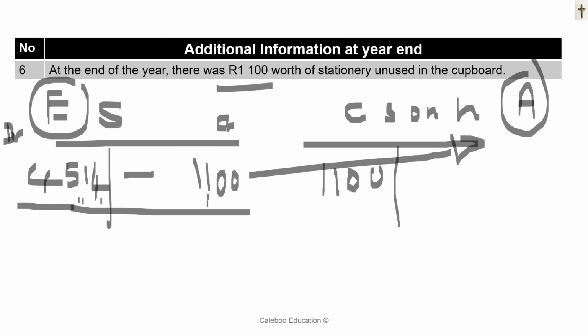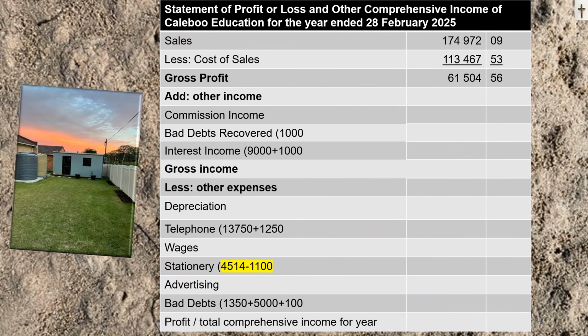Hope that makes sense. In this case here, we're taking off the 1,100 because the 1,100 is not an expense. The stationery hasn't been used. The rest of the stationery has. And the difference between the debit side and the credit side will be the correct amount for stationery. There we go.